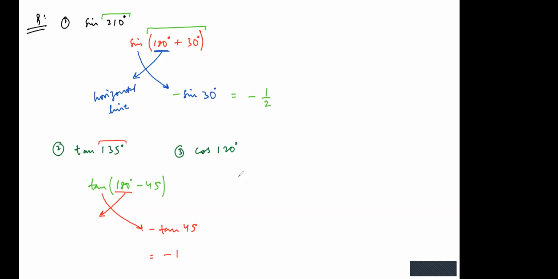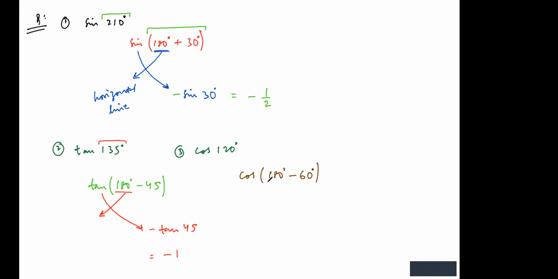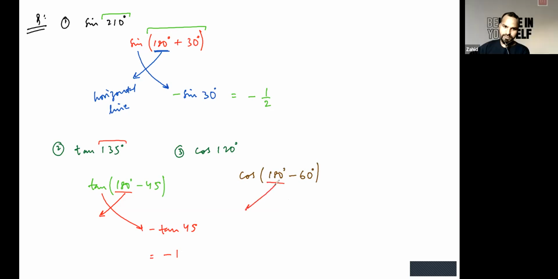Similarly, you may write cos of 120 degrees as 180 degrees minus 60 degrees. Is it clear? Yes, sir. Now this 180 degrees defines nothing but a horizontal line on which there will be no change in the trigonometric term. So it will remain cos 60 degrees.